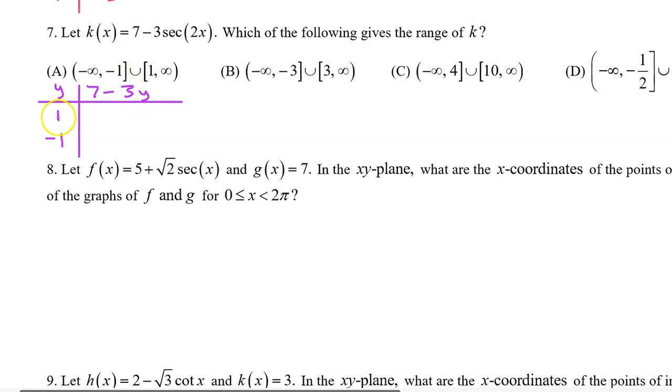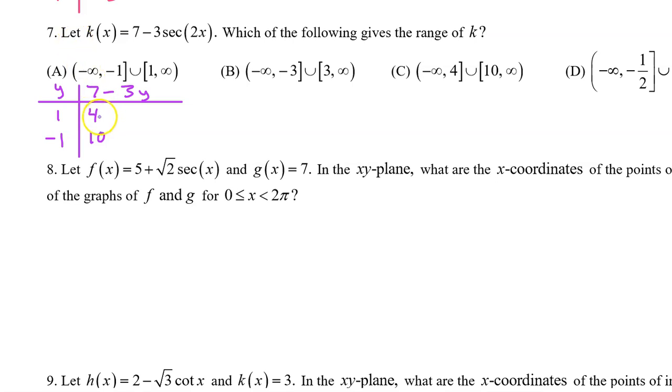So let's see, if y was 1, then 3 times 1 is 3, and 7 minus 3 is 4. If y is negative 1, we have negative 3 times negative 1, which is positive 3, and 7 plus 3 is 10. The original range went from negative infinity to negative 1, union 1 to infinity.